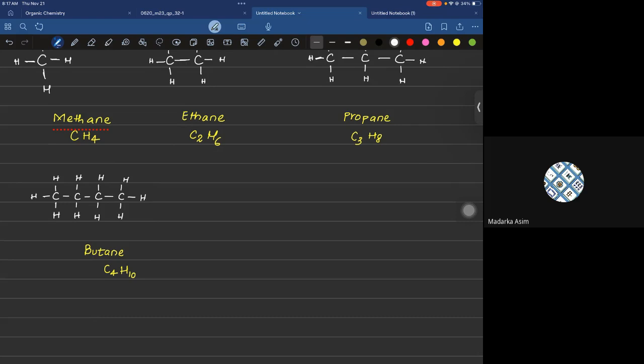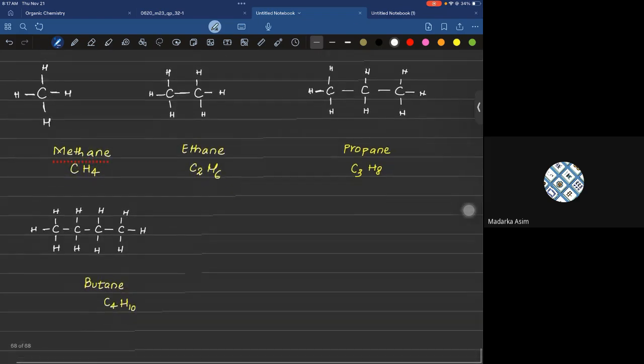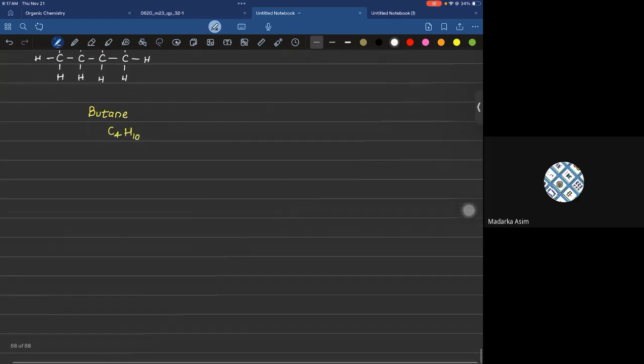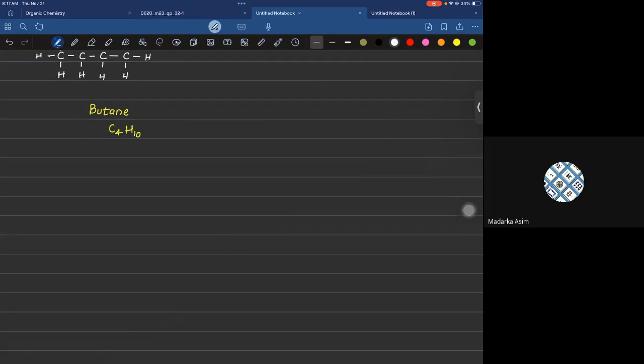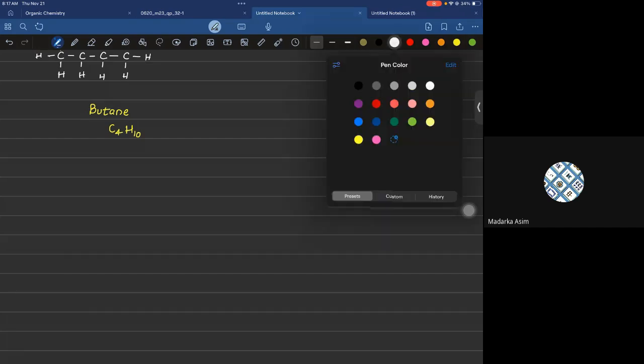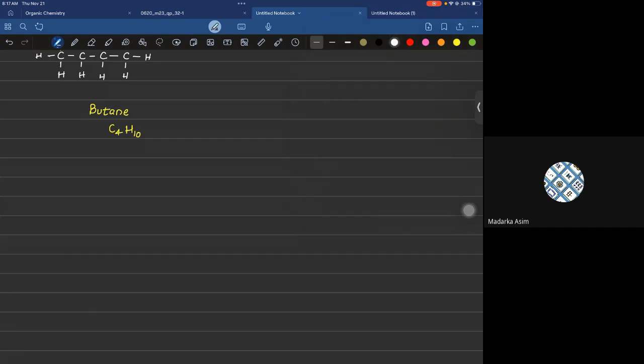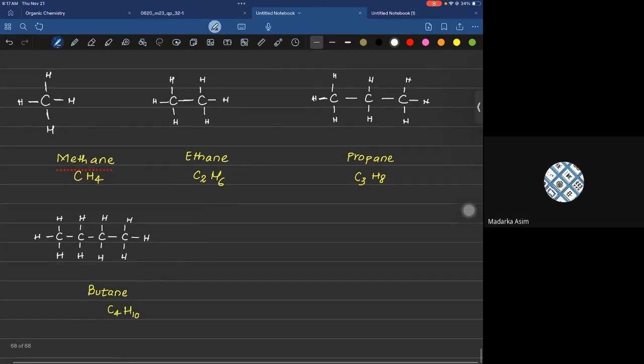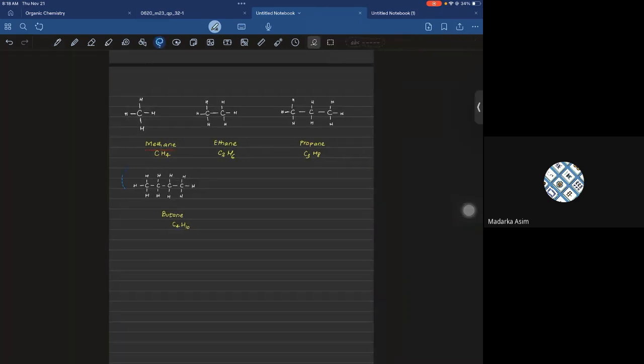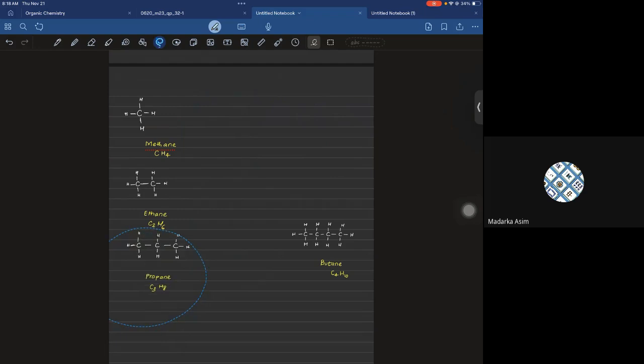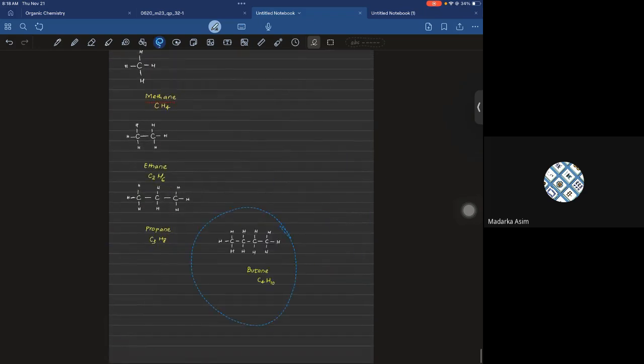As we are discussing only alkanes, I would only write the structure for alkanes. And then we can represent alkanes in multiple ways. Let's suppose, let me write the structures in this manner. This is methane, this is ethane, then this is propane, and this is butane.